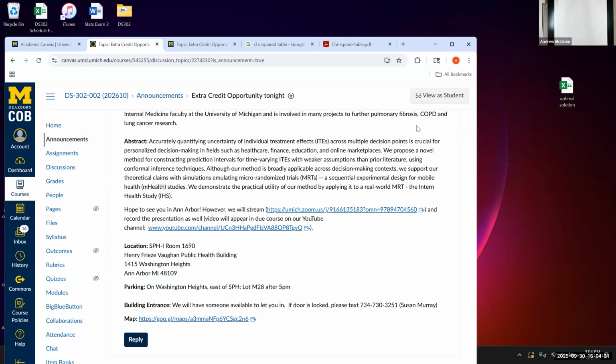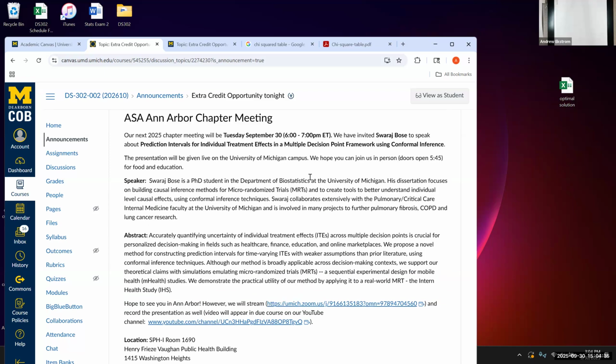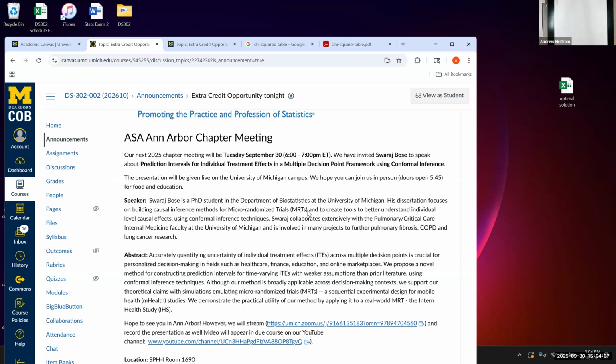The meeting is on prediction intervals for individual treatment effects in a multiple decision point framework using conformal inference. That's a mouthful. But basically, this is going to be based on biostatistics and clinical trials.